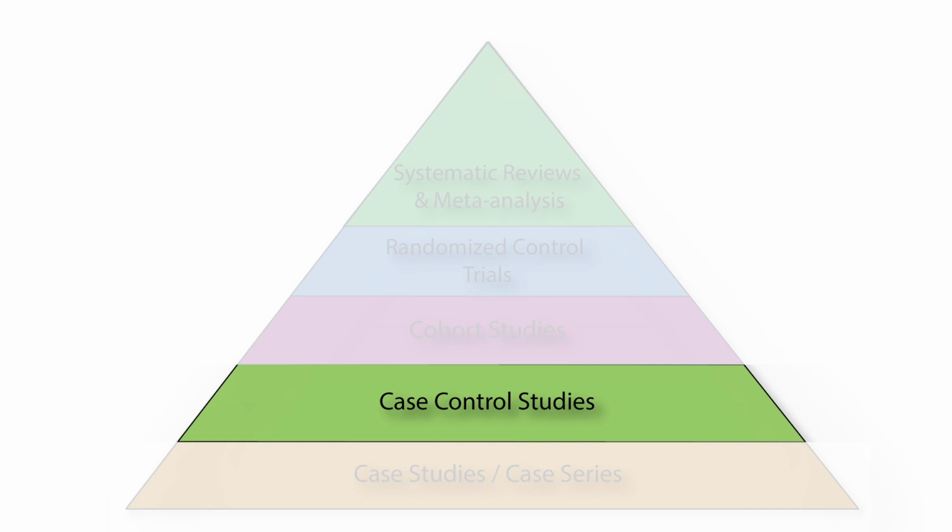The next layer in this research hierarchy is the case control studies. These tend to be retrospective studies where we're looking at the actual cases and we're comparing them to similar people in age, gender, ethnicity, location, but who do not have the disease. And we look to see, is there an important difference between the patients who have the disease and the patients who don't? I can think of a good example historically in medicine where a case control study had some important value, and that would be smoking.